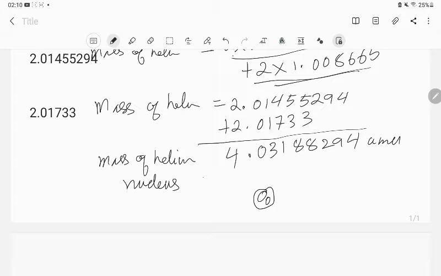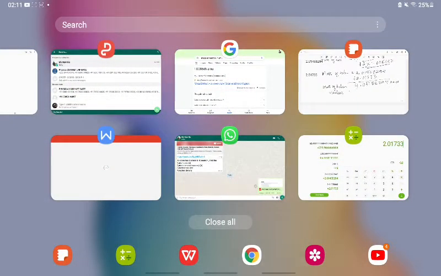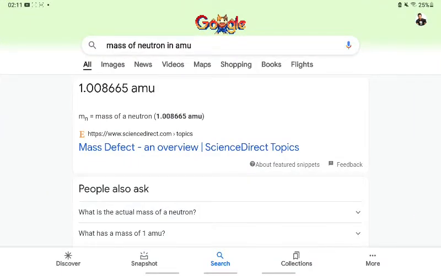But from mass spectroscopy we get a different mass of the helium nucleus.